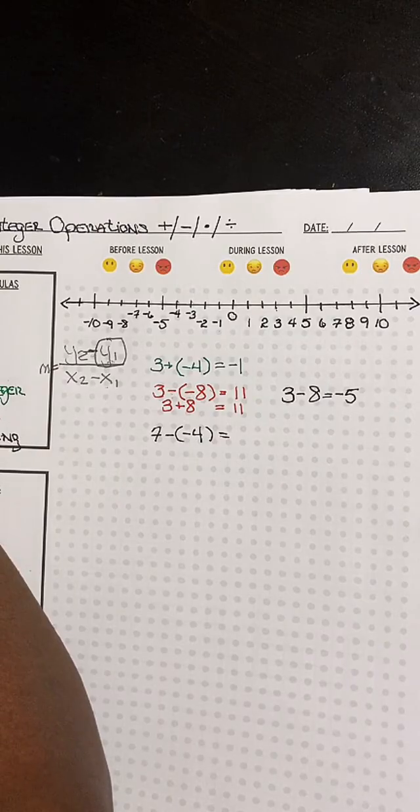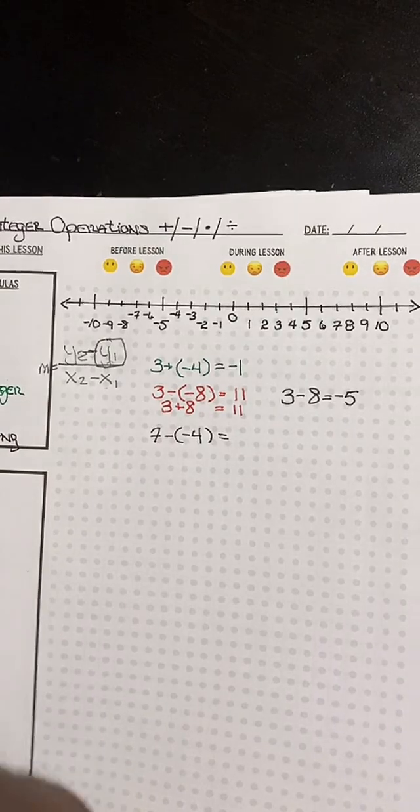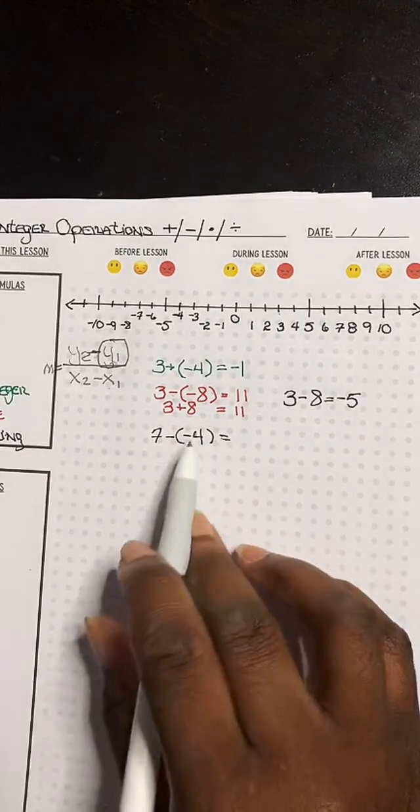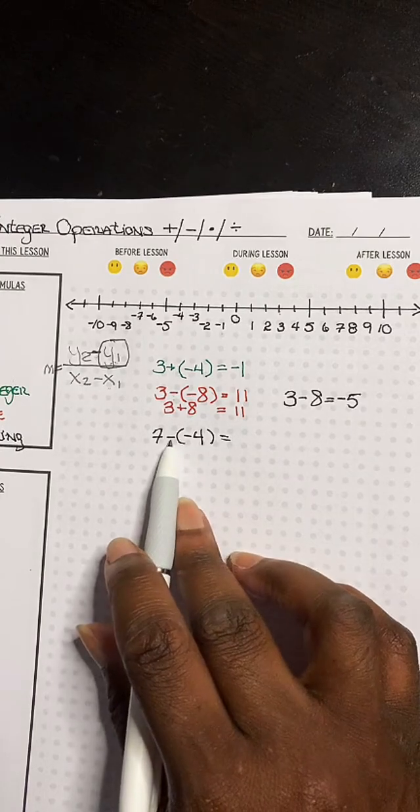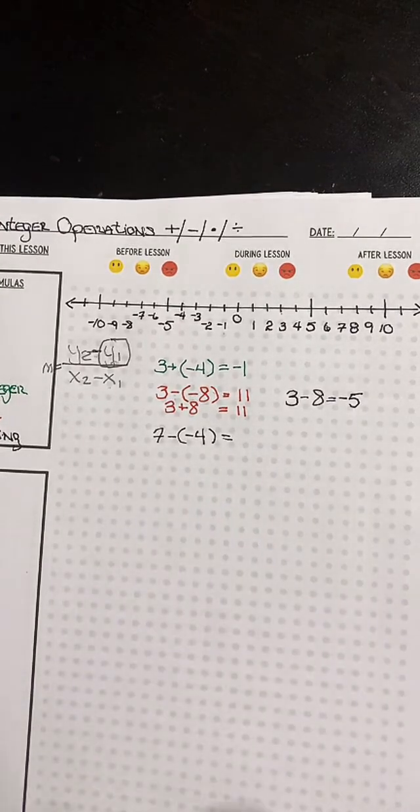A negative and negative cancels out and becomes positive. Yes, they don't really cancel out. I don't want to say cancel out. They are transforming. I know it's a simple word, but I really want you to understand.